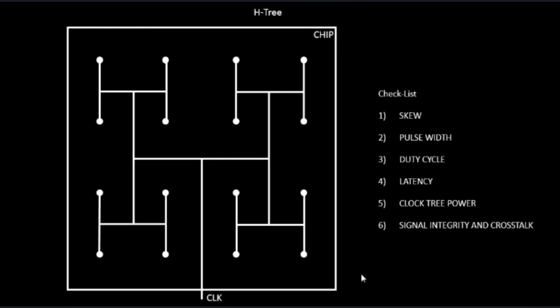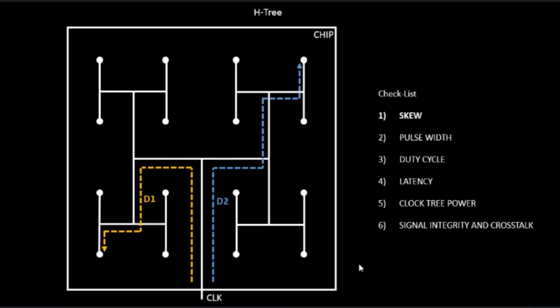So let us look into a small example. Let's say the distance between this particular clock pin and this particular clock endpoint is D1, and let us call the distance from this clock pin to this flop clock endpoint D2. Let us calculate the distance from the clock pin to this point and from the clock pin to this point, and compare them.